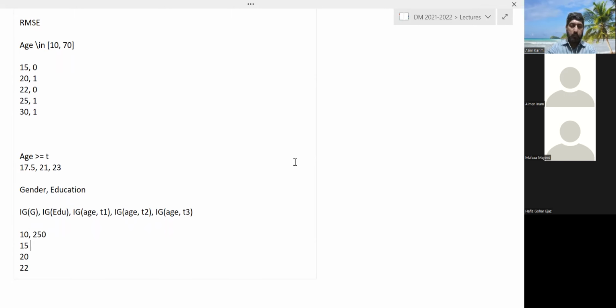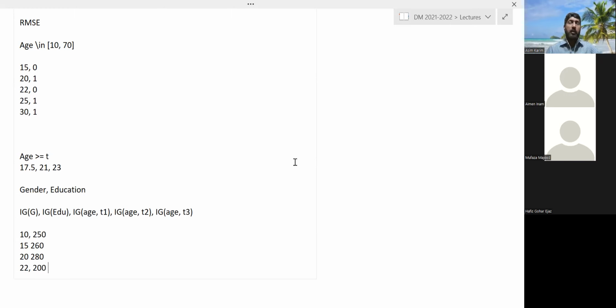Let's say 260, let's say 280, and let's say 200 and so on. So now you will of course sort according to the value of the age, but now you will take the mean. Now what are the options? You can split between 10 and 15, 15 to 20, 20 to 21.